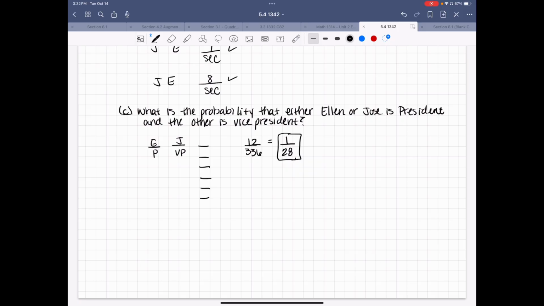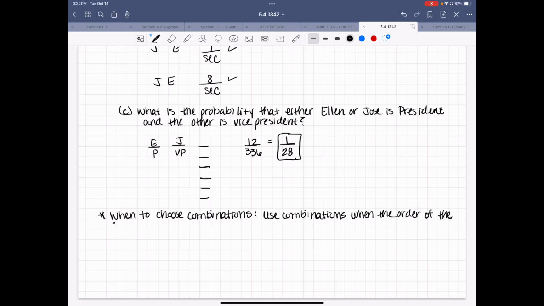All right, we need to talk about when to choose combinations. Use combinations when the order of the chosen objects doesn't matter.